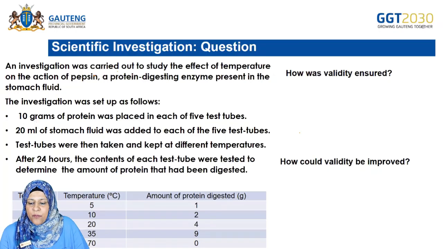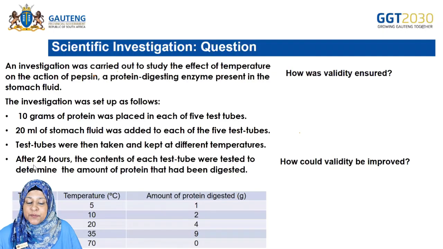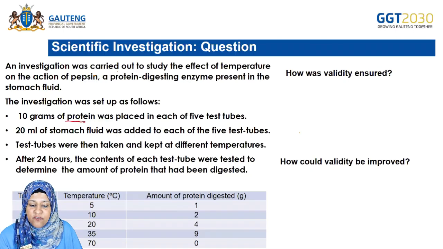Okay, now, how was validity ensured? Now we're going to look at experimental design. What experimental design here was carried out? Okay, we used 10 grams of protein. What kind of protein? Can we use different kinds of protein? No, we must use one kind of protein.